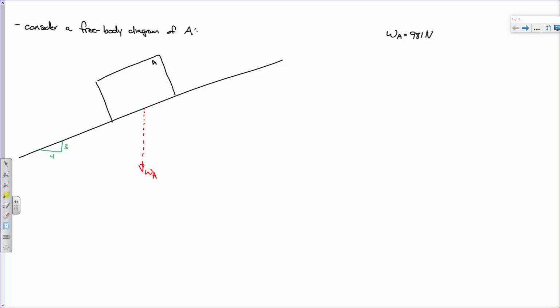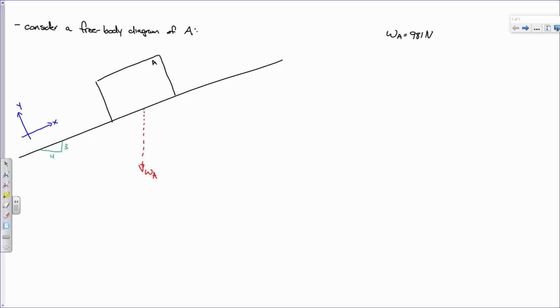Okay? So, what I propose is that we can take this weight and split it up into an X and Y component. Now, let me be clear, when I say X and Y component, I'm saying that's X, that's Y. Okay?